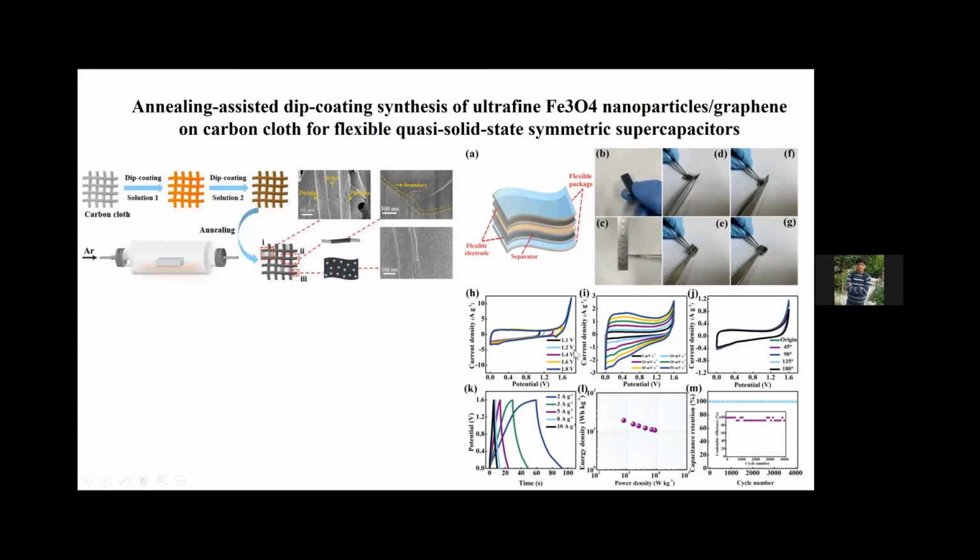As we can see here, they achieved around 1.6 volt, and since this is a flexible substrate, they checked different bending angles, and also got good energy density and power density. It also depends on the material. You can see after 4,000 cycles their capacity is retained at almost 100%.